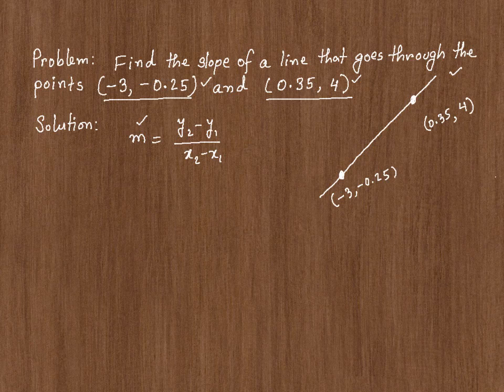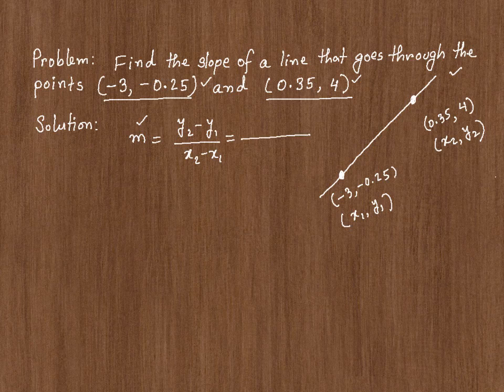Now we need to label these points x1 and y1 and x2 and y2. So I'm going to call this point my x1, y1. So this is my x1 comma y1, and I'm going to call this one my x2, y2. Now all I have to do is take these points and plug them into the formula.